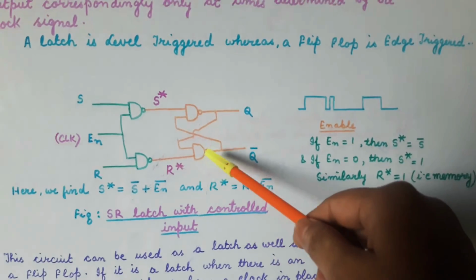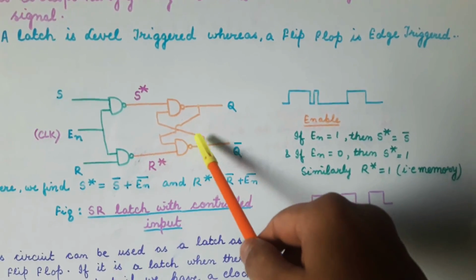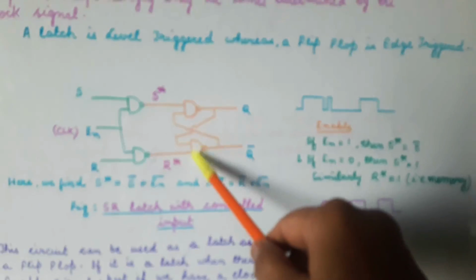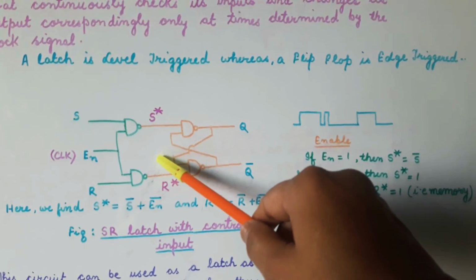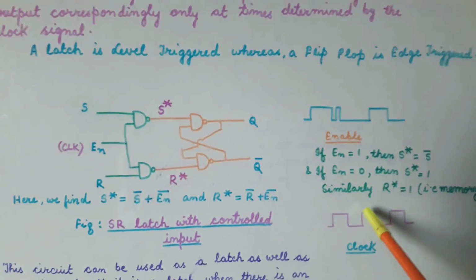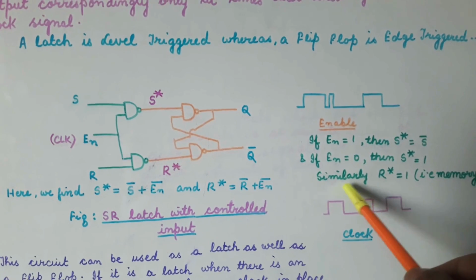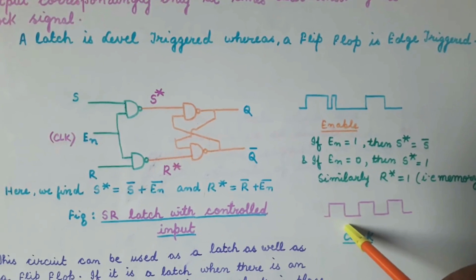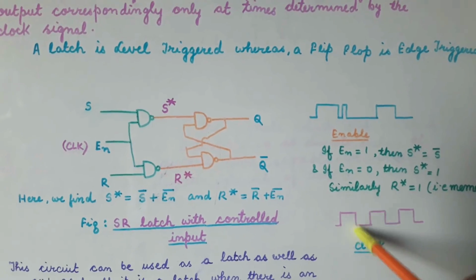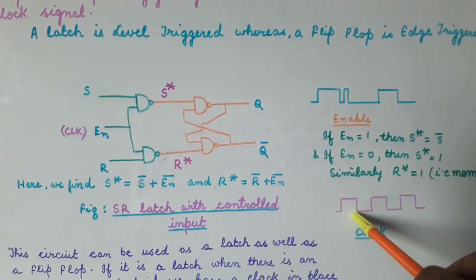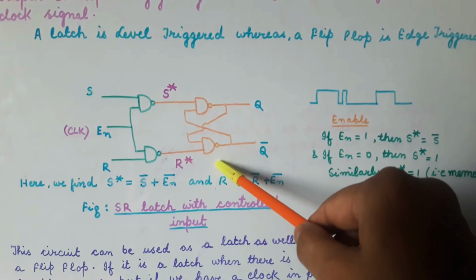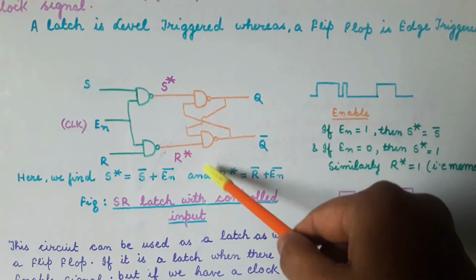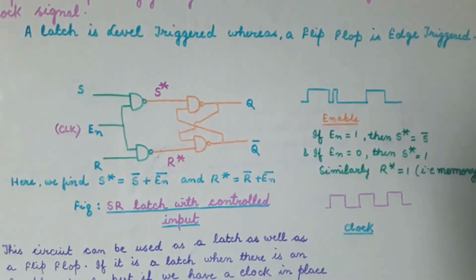So this circuit will be triggered in case of clock only when there is edge triggering, which means that whenever the value of clock goes from low to high or from high to low, that is during this period or this period, only during this period this circuit will be operational, and in that case we will call this circuit a flip-flop.